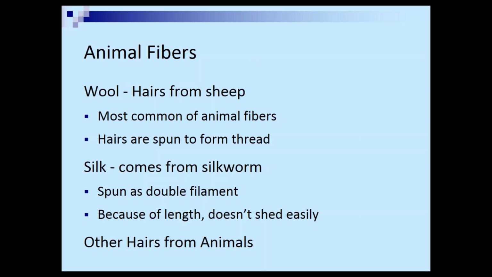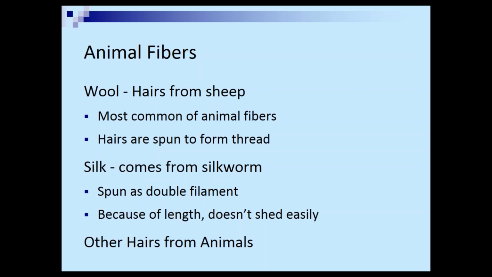Now, if I'm wearing a wool sweater, even though that thread is woven together to form fabric, it still may be where some of those hairs sort of unravel from the fabric, unravel from the thread they were twisted into. And if you rub your hand across a wool sweater, you may be able to get it to shed some of those hairs. Not necessarily easily, but it's definitely possible.